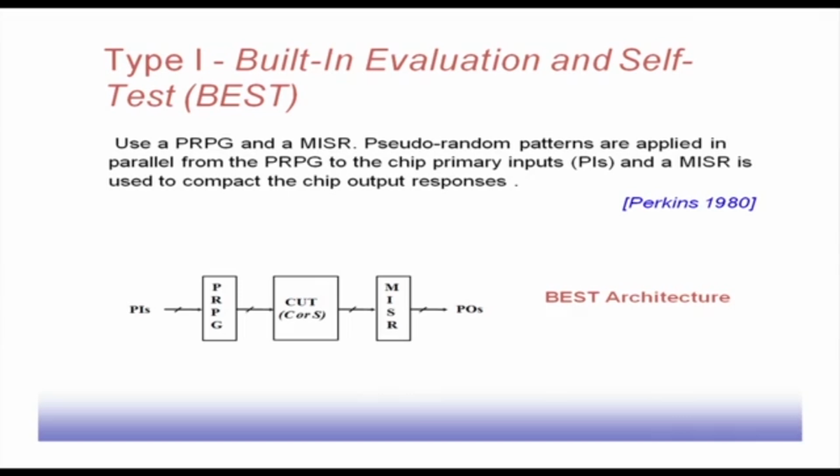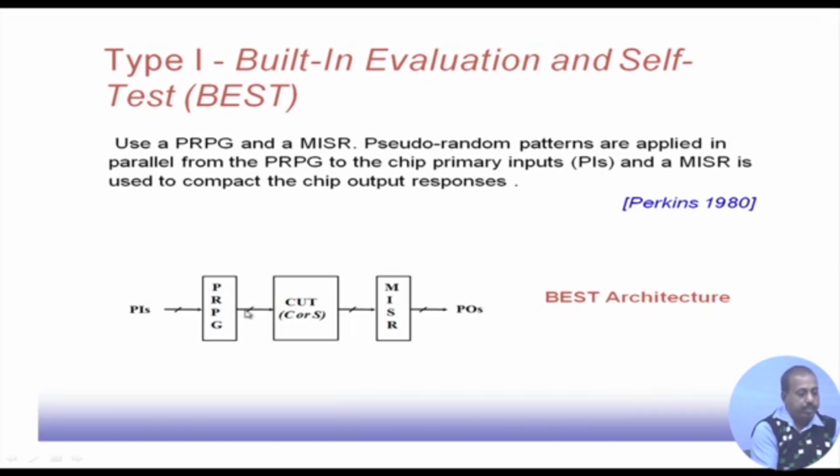Another one is the built in evaluation and self test, or BEST, type of structure. Here we use a pseudo random pattern generator and a multiple input signature register. The pseudo random patterns are applied in parallel from the pattern generator to the chip primary inputs. Here we have a very dedicated pattern generator and signature register, and this is very comfortable, because if the circuit has n inputs, then this PRPG is also n bits wide.